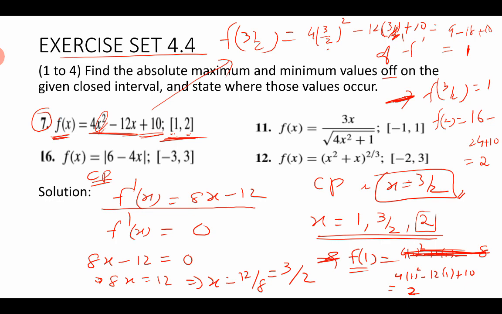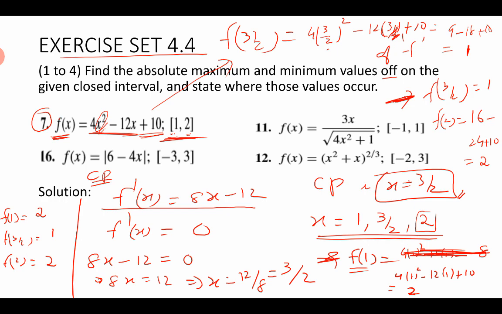So there are three values now. We will discuss three values. See, I write here f of 1 is 2. F of 3 over 2 is 1. F of 2 is also 2.